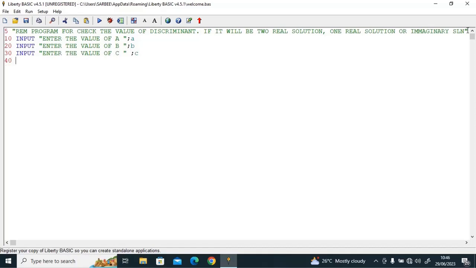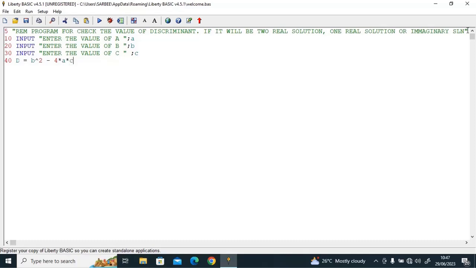Now you are going to use your discriminant formula. So the discriminant is b squared minus 4ac. That is, D, let me use capital letter D, equals b squared, that is b raised to the power of 2, minus 4 times a times c. This is the formula, b squared minus 4ac.